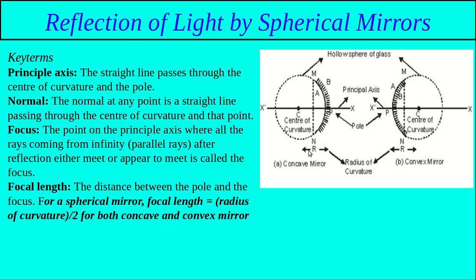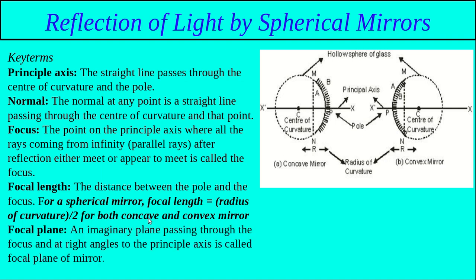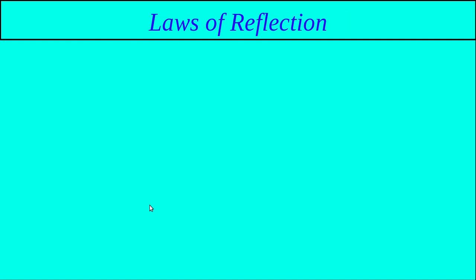That means for this radius of curvature, for example, the focal point or the focus of a concave mirror will lie somewhere here in the middle of this segment, and similarly the focal plane, an imaginary plane passing through the focus and at right angles to the principal axis, is called the focal plane of a mirror. We will be covering focus of a concave and convex mirror in detail in the coming few slides.